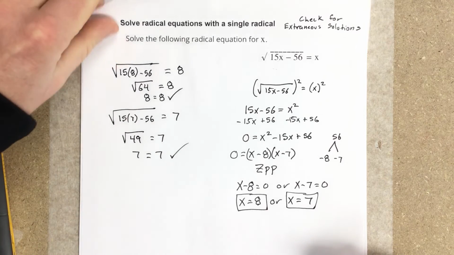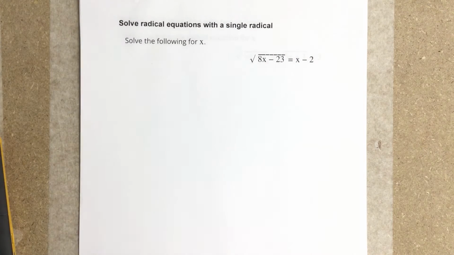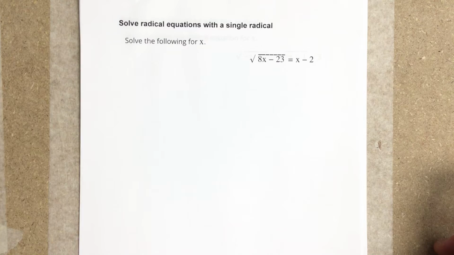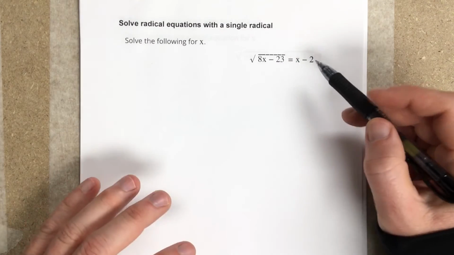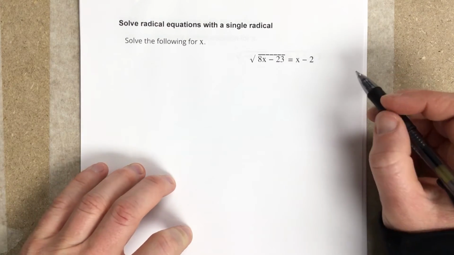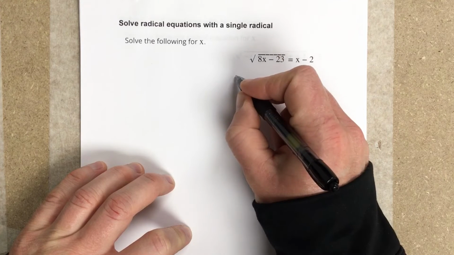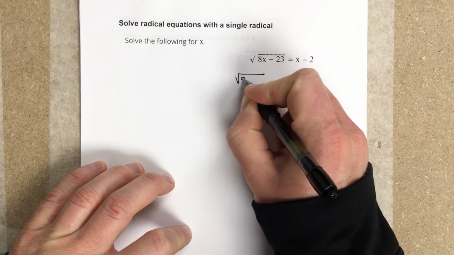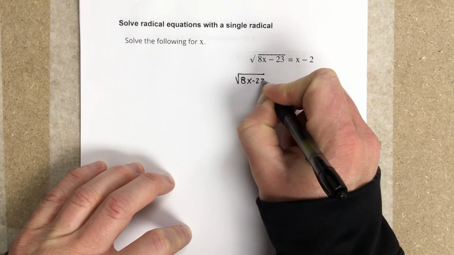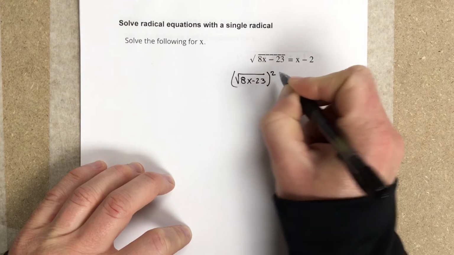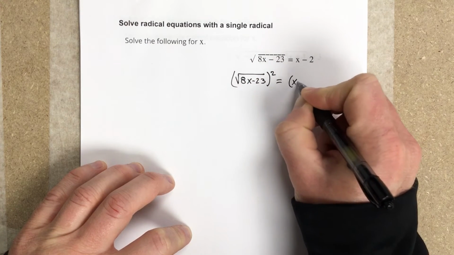Let's try a second example. This one's a little more difficult just because we don't have just an x on the right side. We'll still start the same way. We're going to square the left side, and we'll square the right side.